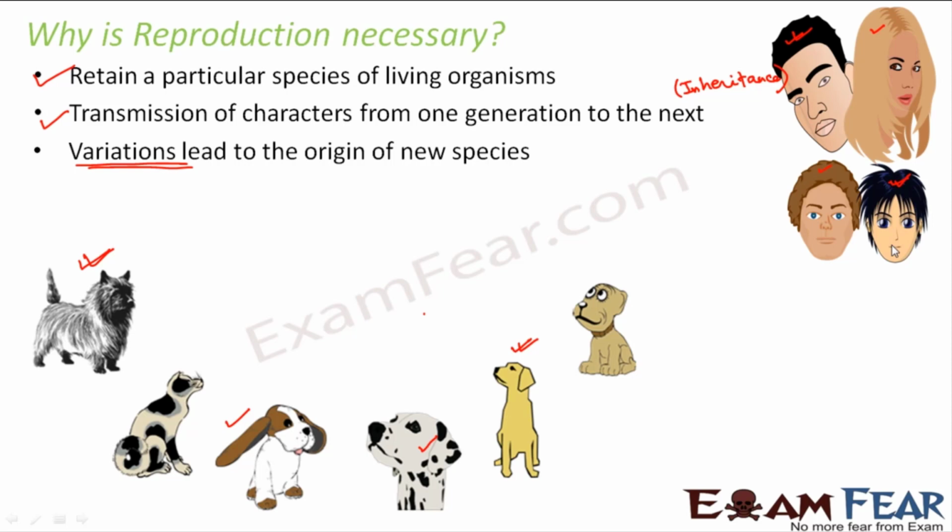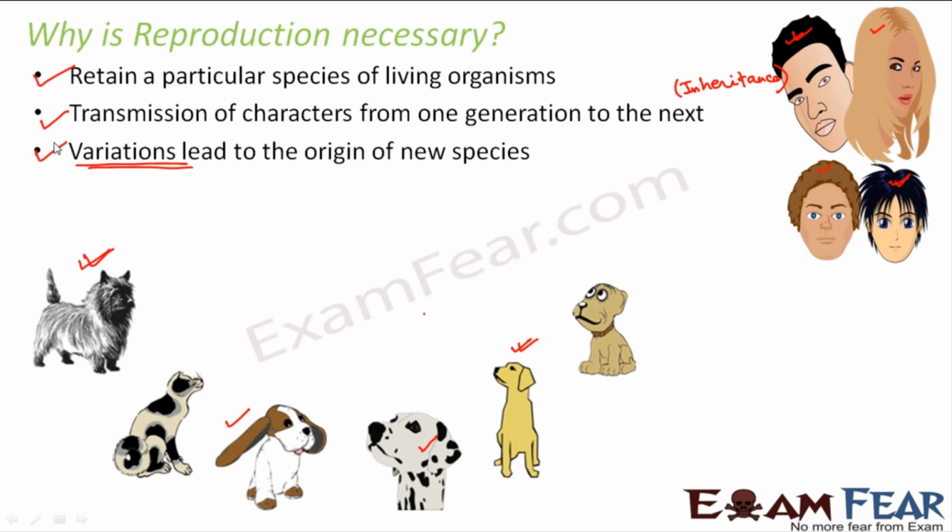So just imagine how much the appearance is changing with time, because there are possibilities that people can get kids like that, because we don't know how exactly their features are going to be. So with passage of time, the kind of organism which we are getting is differing because of these small variations. So this is another significance of reproduction.